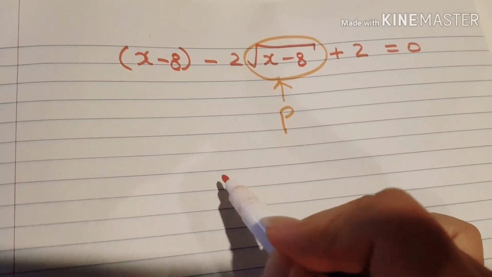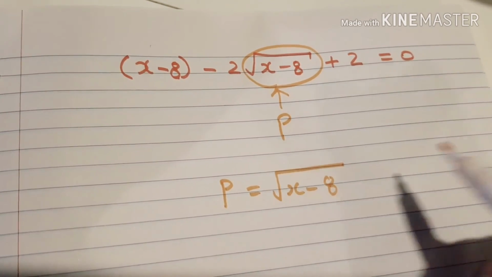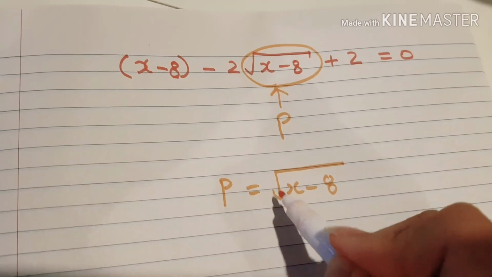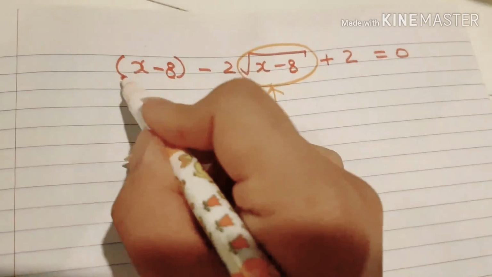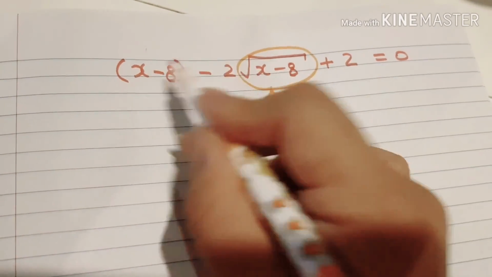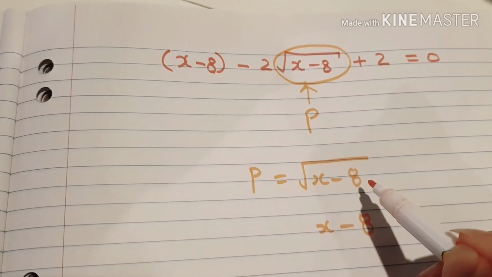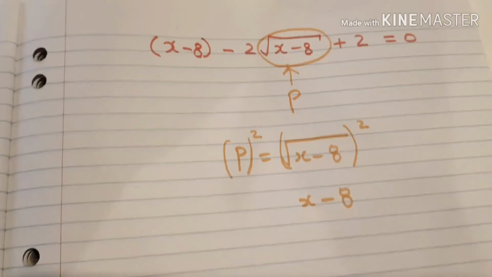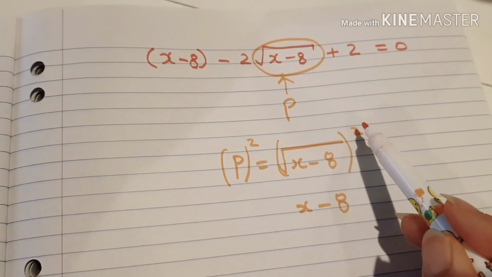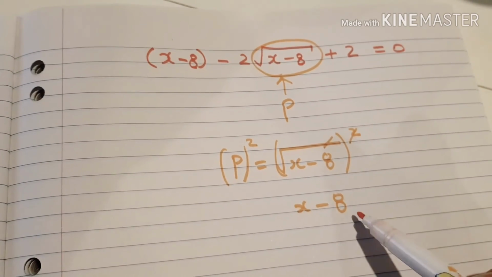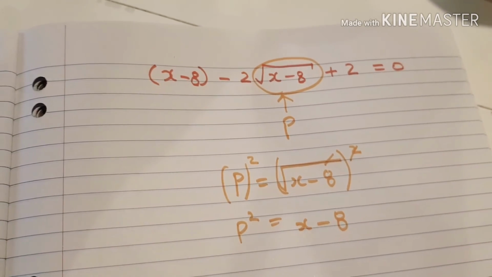So let's see. If P is equal to square root of X minus 8, what happens if I want to get rid of that square root? Over here, I've got no square root, but the same thing inside. So in order to make this one like this, obviously I'm going to square both sides. So that and that cancels out, leaving just X minus 8, which is P squared.